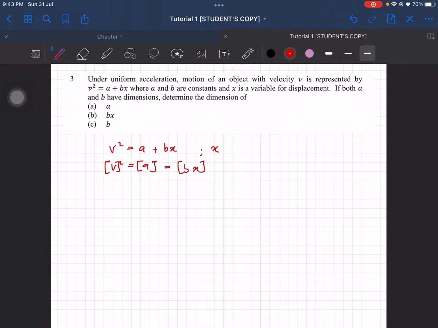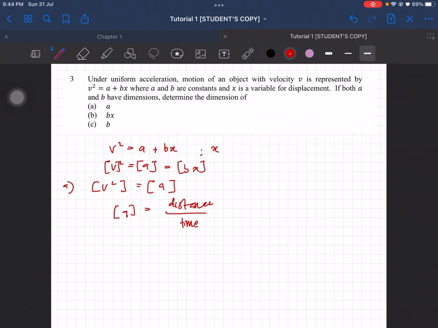Okay, so now we are going to focus only on a. So that one is going to be [v square] equal to [a]. So we are going to ignore this part, because we are only looking for a. So now we know that velocity is equal to distance divided by time.